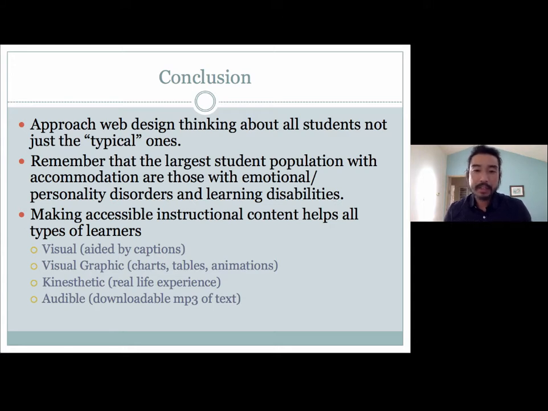So mix in different types of content or multimedia into your presentations. So I want you to think about this, is that designing for accessibility is really about good design. It's about designing for everyone. And that those designs help all different types of students and all different types of learners.